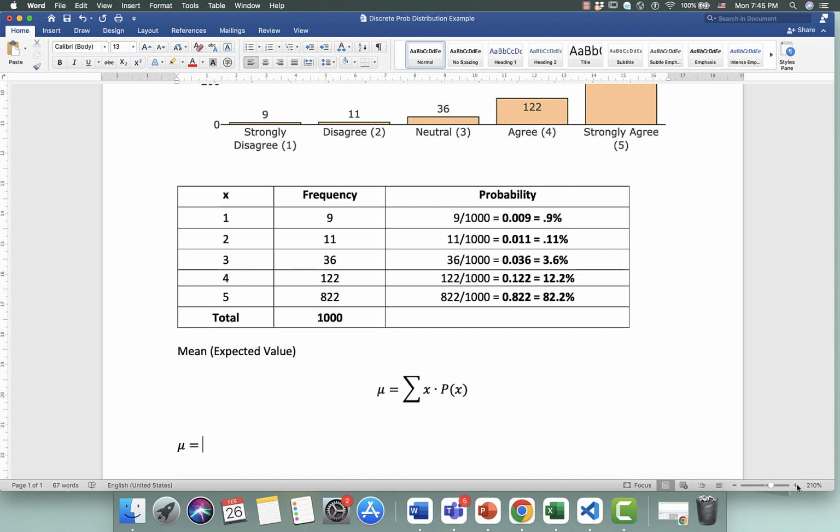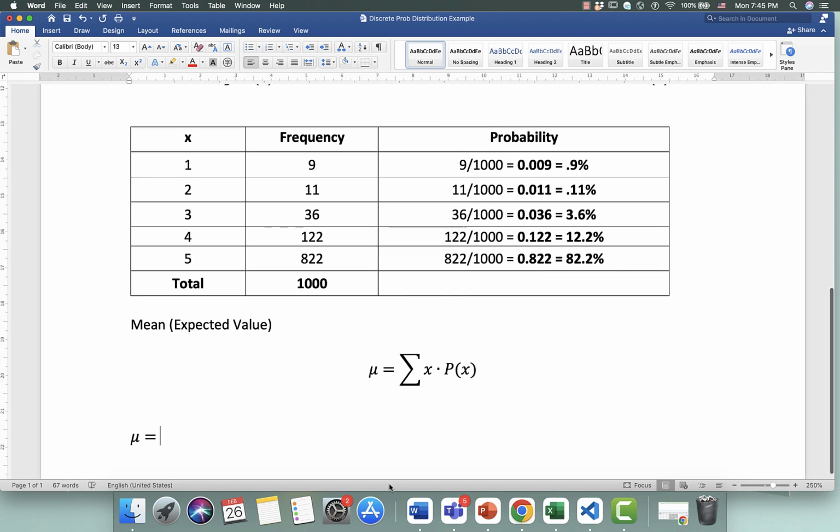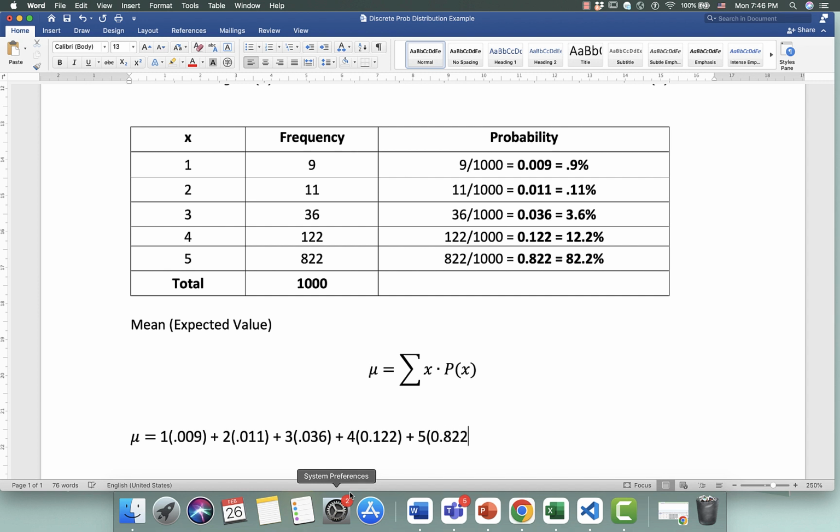So what would that look like? We'll do 1 times 0.009, and we can use the decimal value, plus 2 times 0.011, plus 3 times 0.036, plus 4 times 0.122, plus 5 times 0.822.